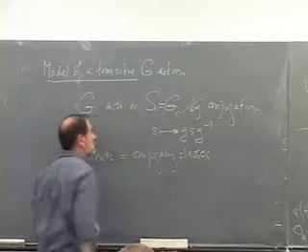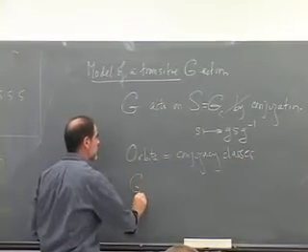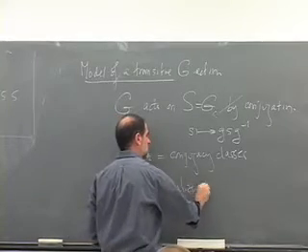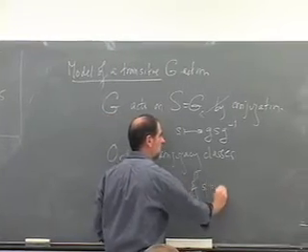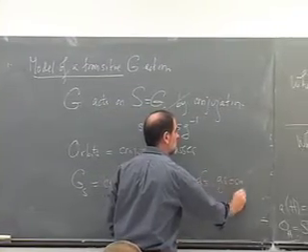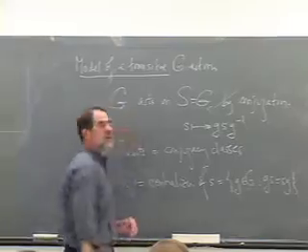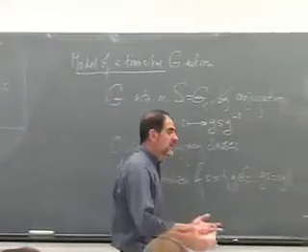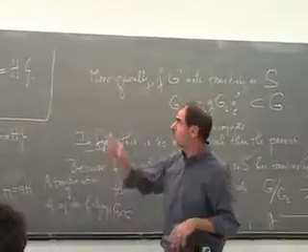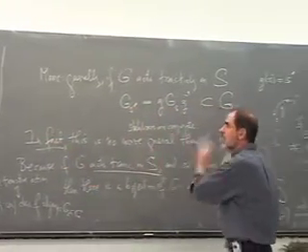And G sub S is the centralizer of s, and it's equal to the elements in the group such that gs is sg. So we're going to count conjugacy classes and elements in the conjugacy class by calculating what their centralizers are, etc. And we'll be using this kind of orbit formula throughout.